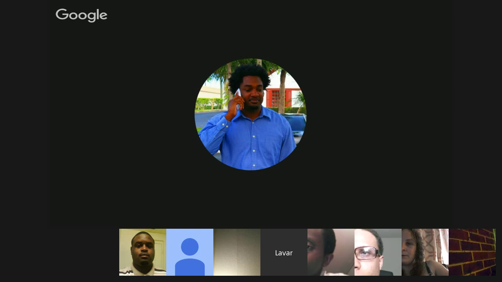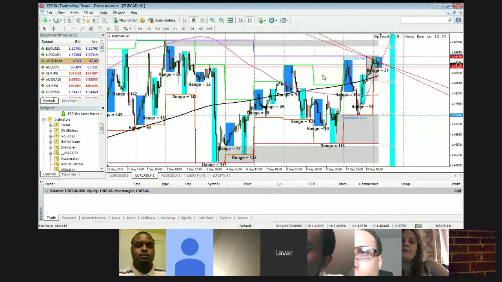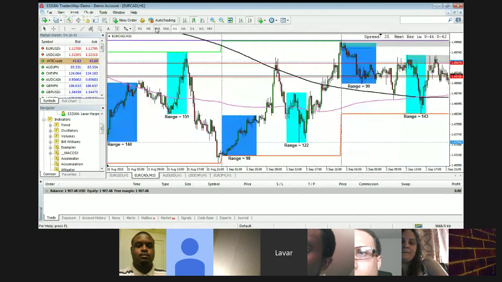So I'm expecting EuroCAD to break this trend line and rise. Why? Because like I said before, it's creating new highs and higher lows. So let's go down to a 15-minute chart so we can see it a little better.